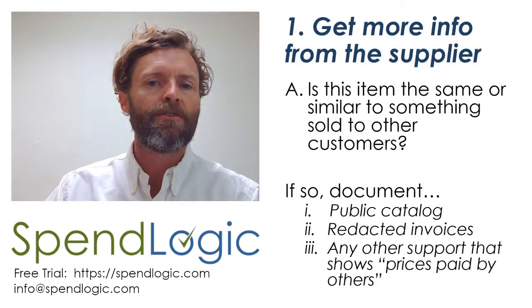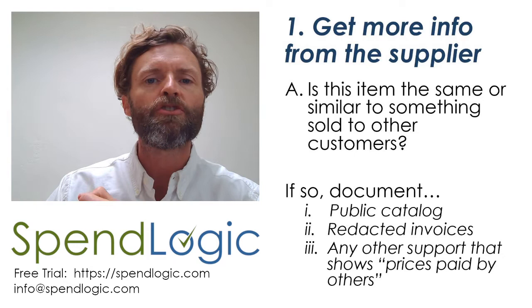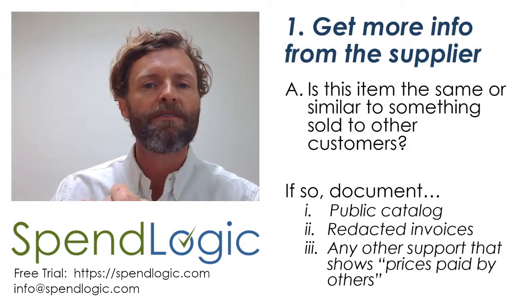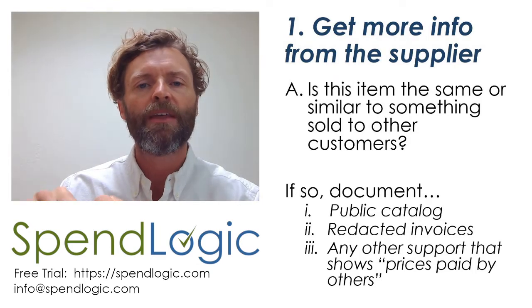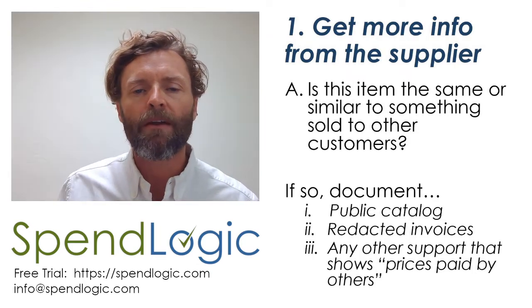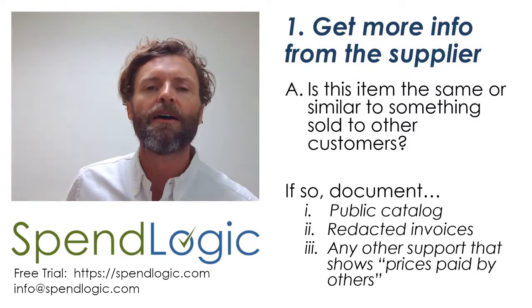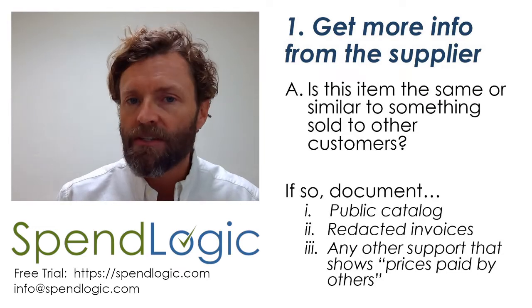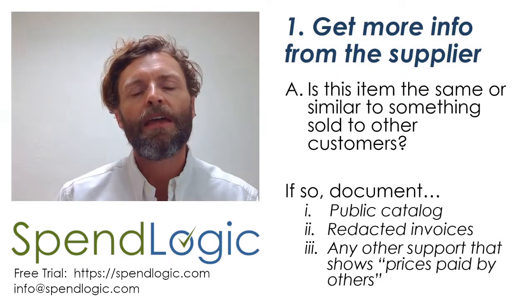There's three ways to do this. The first is the one on your screen right now. Is this item the same or similar to something else that they're selling to their other customers? Now, they may be saying, this is something that we only sell to you, and you're the only ones that buy this, that, and the other. In reality, they're probably doing something similar for other folks.